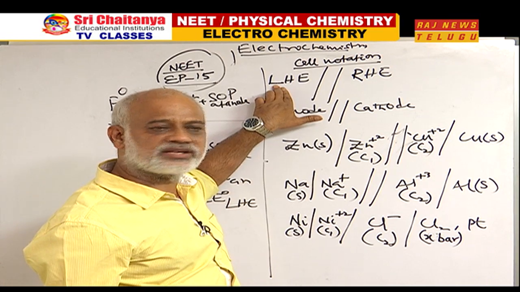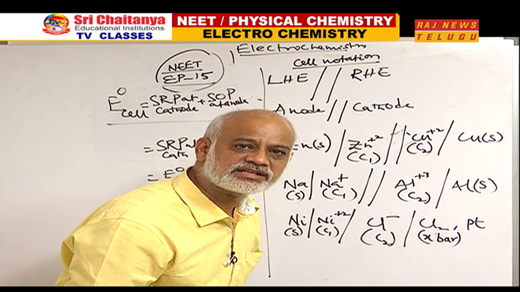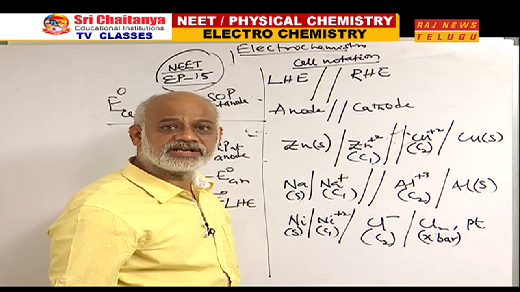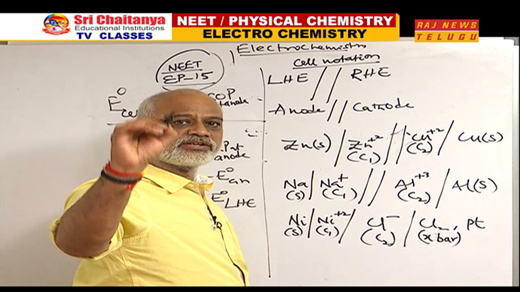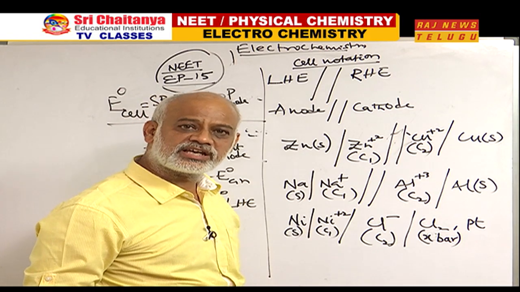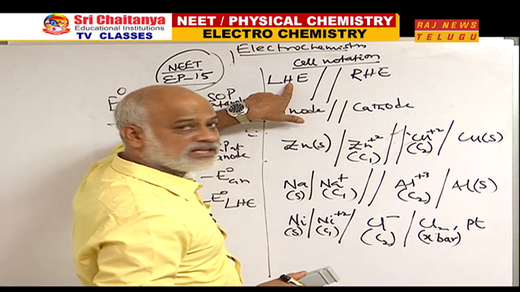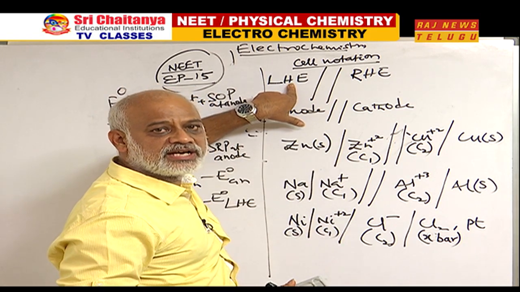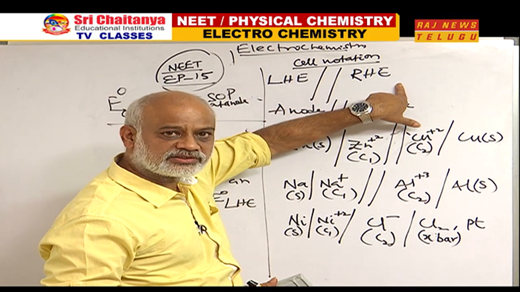While writing the cell notation, this double vertical line always denotes the salt bridge. Sometimes instead of a salt bridge, you may have a dotted line, which indicates a porous diaphragm. Never forget, the left hand electrode is written first, then the right hand electrode.